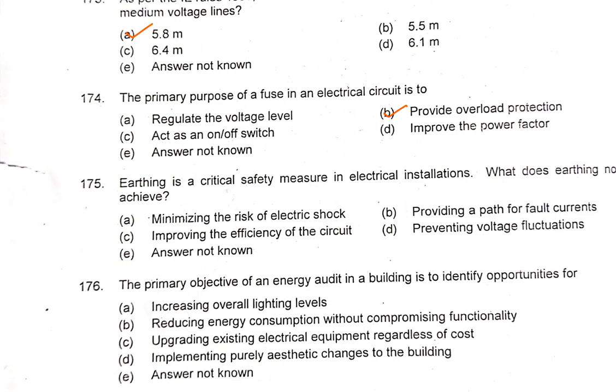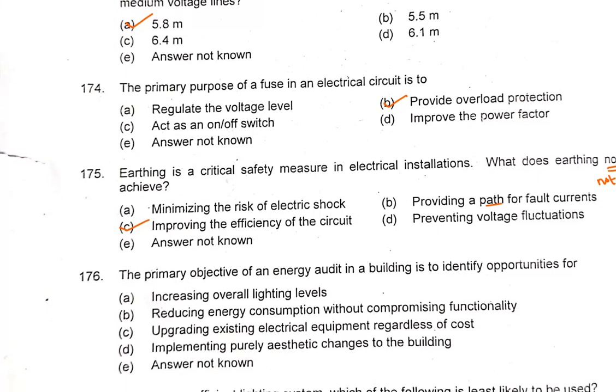So if it is not, then here, improving the efficiency of the circuit is the answer. Whenever we provide earthing, it minimizes the risk of electrical shock, and it also provides a path for a fault current and avoids voltage fluctuations. If earth is properly connected, voltage fluctuations should be avoided. So the only non-matching option is improving the efficiency of the circuit.